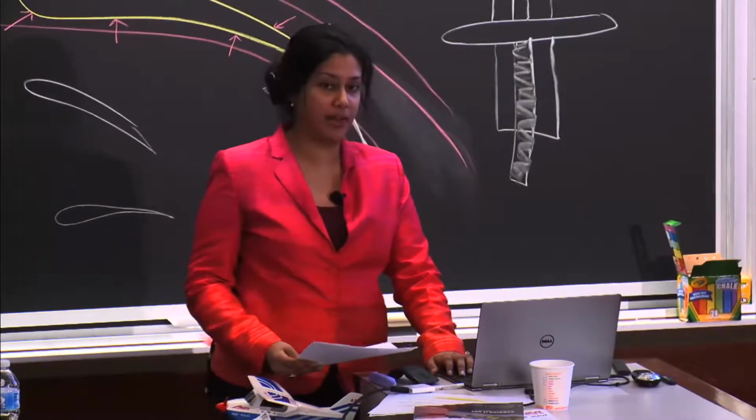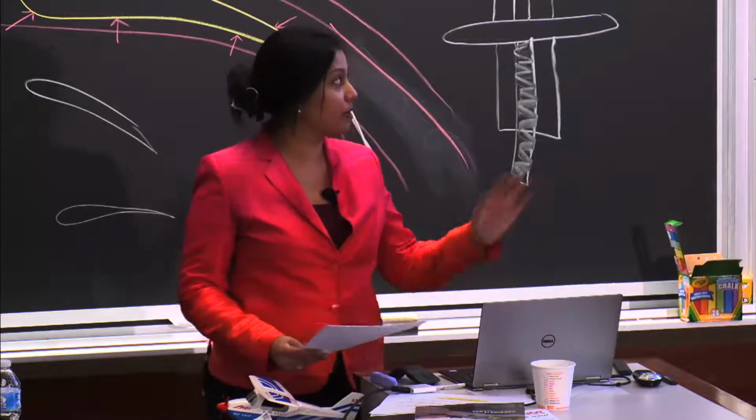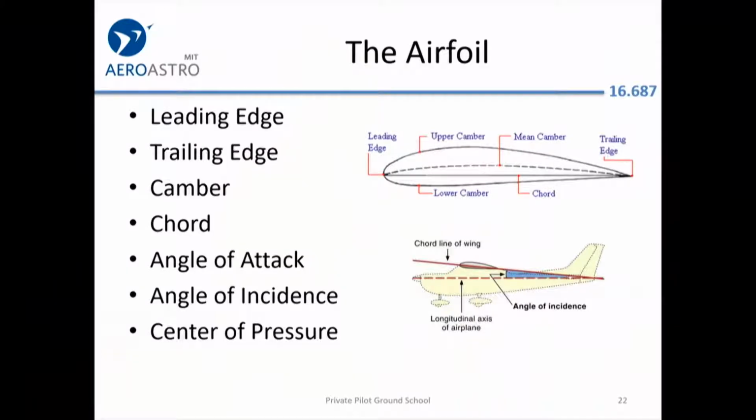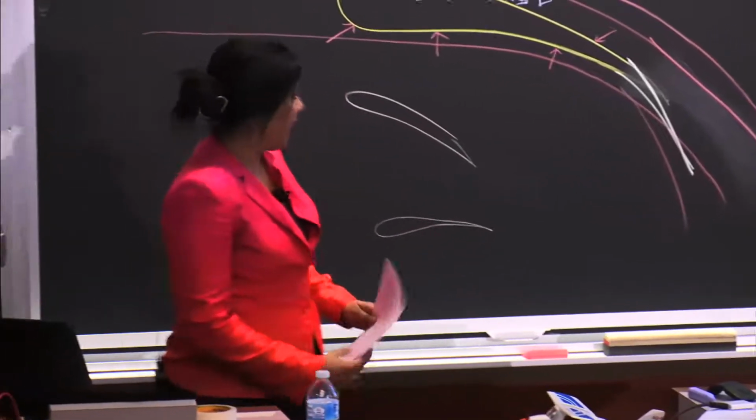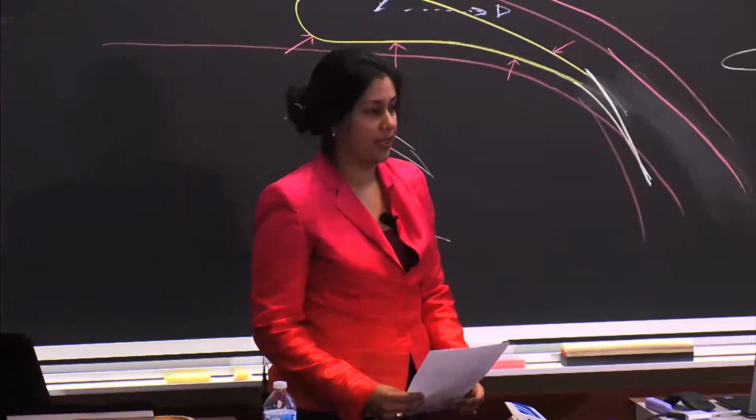In order to describe it, I have to come up with a few more terms that have to do with the airfoil. So we talked about the very front of the airfoil, or the front of the wing, is called the leading edge. And then the back is the trailing edge.